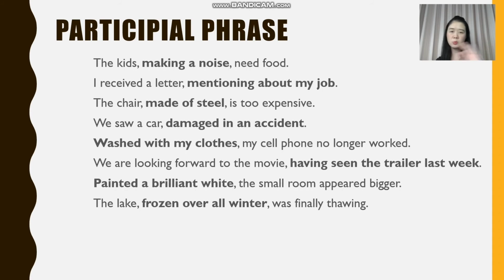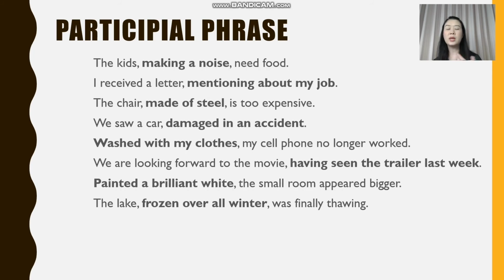That's fine, that's perfect. But here, this one: The chair made of steel is too expensive. How are they different? Why do we use the present participle in the first two? What about the third sentence? Why do we use the past participle? In this case, it's because of the passive voice structure, right? Because it's from: The chair which was made of steel is too expensive.